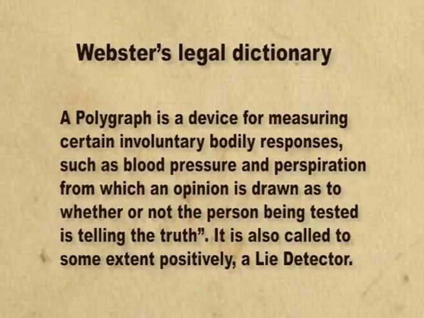It is also called, to some extent positively, a lie detector. The problem with it is that it may yield accurate opinions in many cases. It may make nervous or confused truth tellers appear deceptive, and there is no way to know exactly which results are accurate and which are not.